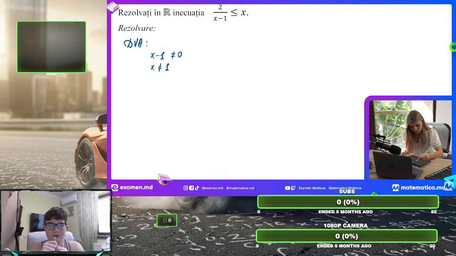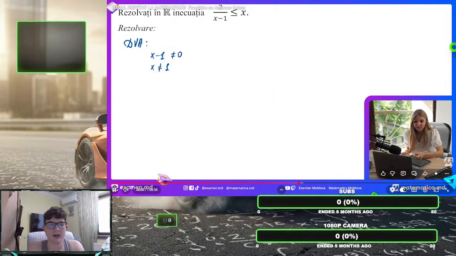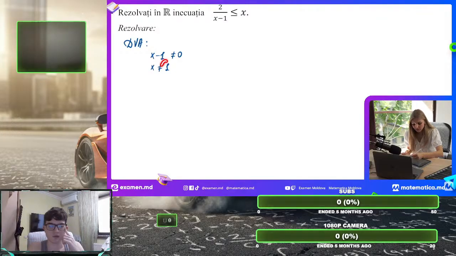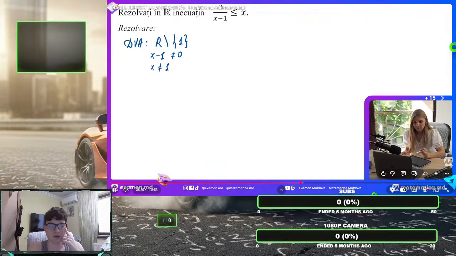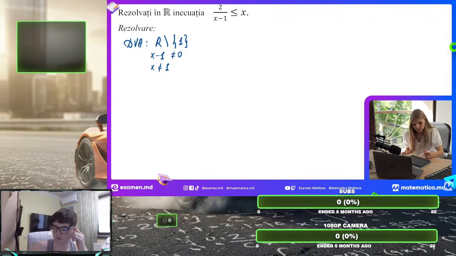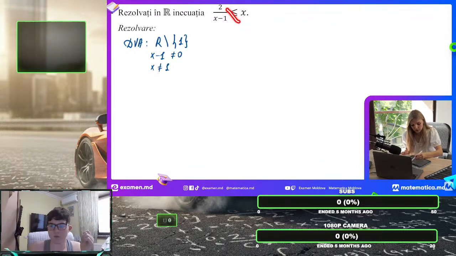Anyways, we got that. x not equal to 1. And basically if we get a value of x equal to 1, that's not going to be valid, so we're going to work with that. So all real values except 1, that's just how it has been mathematically written out.